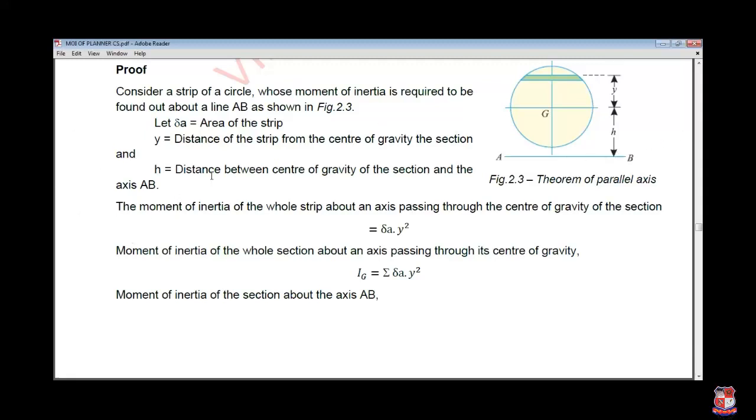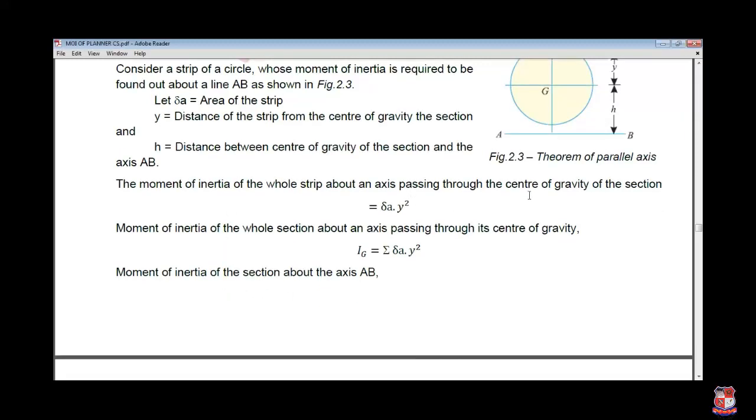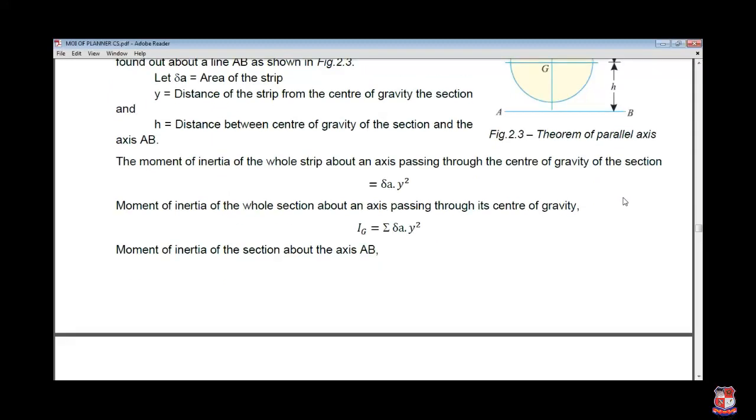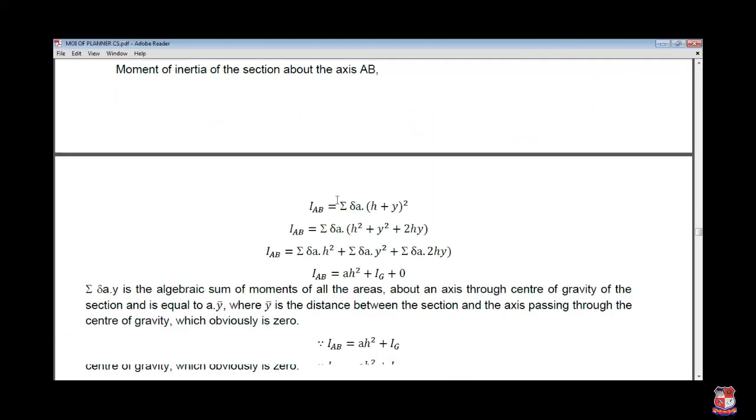Delta A is the area of the strip, y is the distance of the strip from the center of gravity, and h is the distance between the centroid and AB. Now, the moment of inertia of the whole strip about the axis passing through the center of gravity of the section is delta A y square, so I_G is equal to the sum of delta A y square. Moment of inertia about AB is equal to I_G plus A h square.